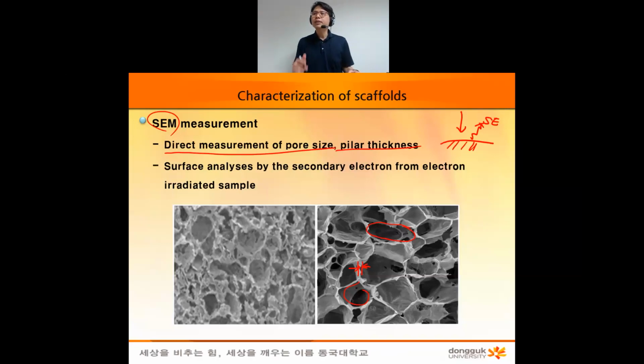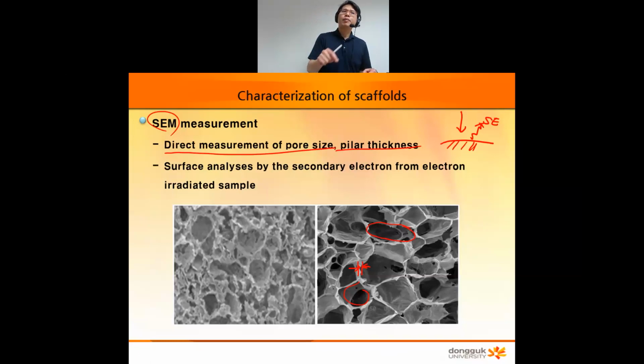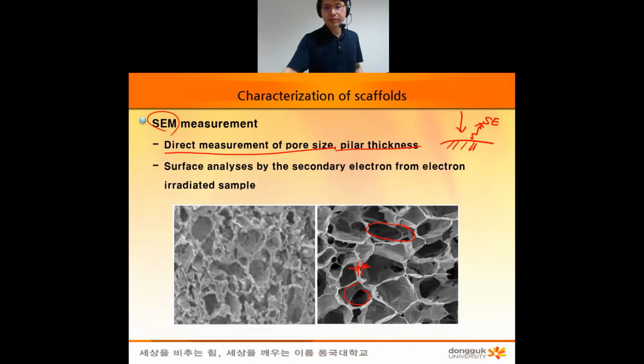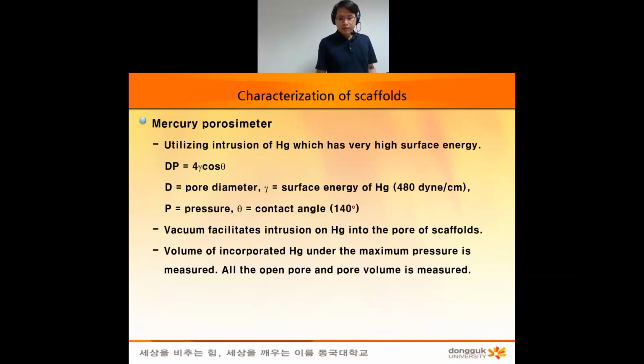So this can be a kind of statistical method from the sampling. And another experimental method, mercury porosimeter, is an average method. We measure the porosity of the whole sample.